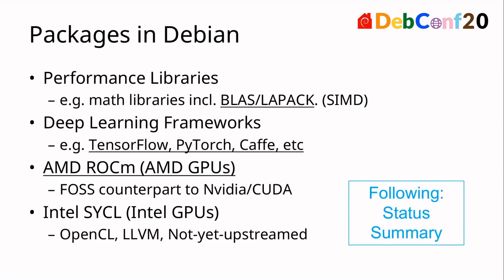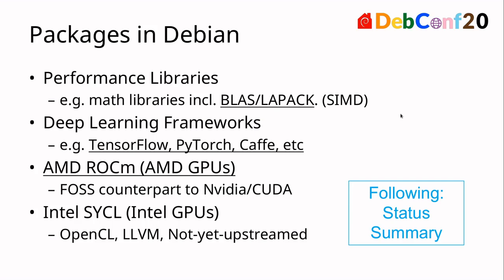Given this background, we still have lots of work to do to integrate these libraries and applications into Debian. Actually, I participated in all the work related to deep learning and hardware acceleration in Debian, and I divide this work into 4 aspects.